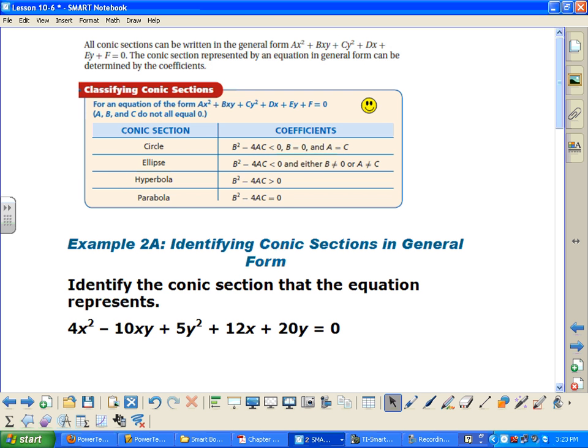And a, b, and c do not all equal 0. Some of them could be 0, some might not be. But we have a way of determining whether it is a circle, ellipse, hyperbola, or parabola.